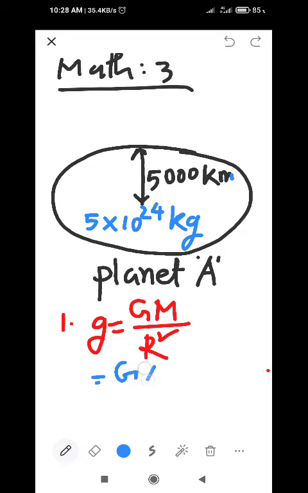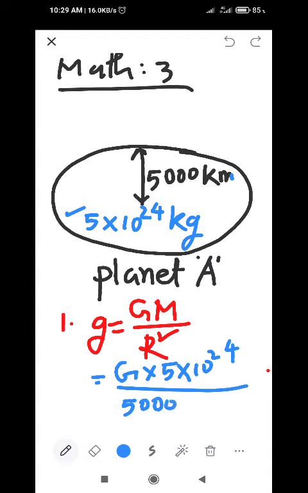And what is the mass of this? This is the mass, 5 into 10 to the power 24. And what is the radius? 5,000 kilometer, and it should be converted into meter, right? So 1 kilometer equal to 1,000 meter.